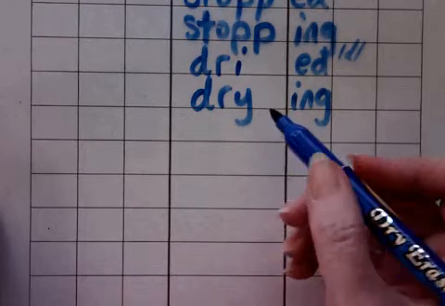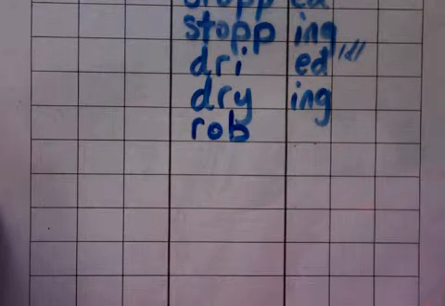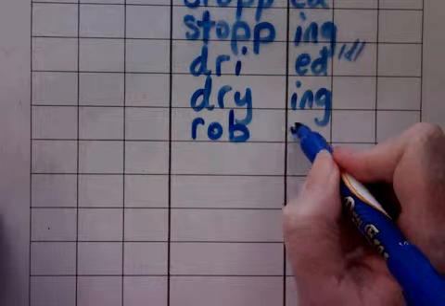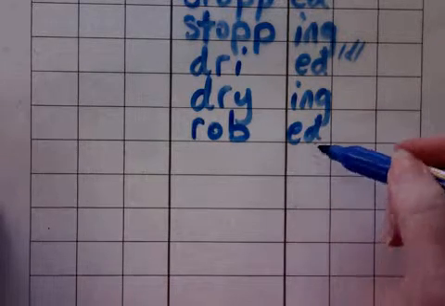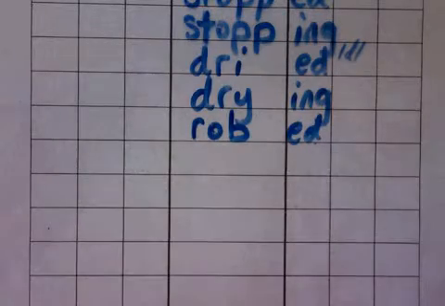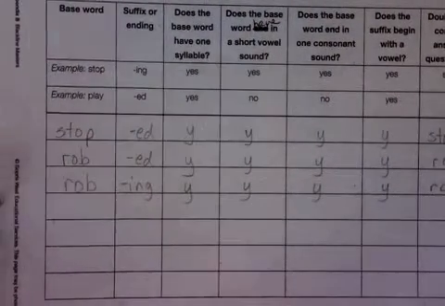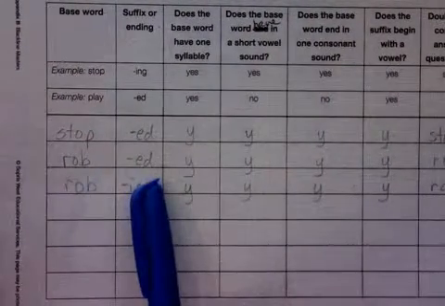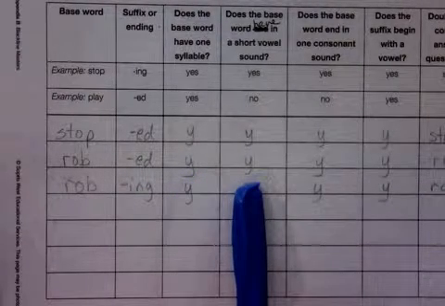The next word is rob. The base word is rob, and we want to do the past tense, ed. So let's take a look to see if we need to double that. Here's our list again. Rob, we want the ed. The base word is a single syllable. It does have a short vowel.